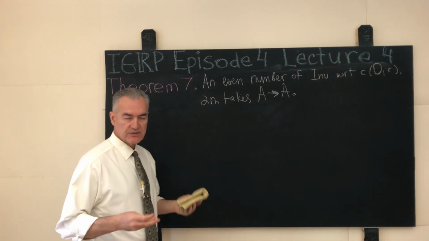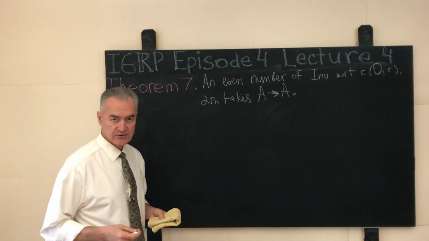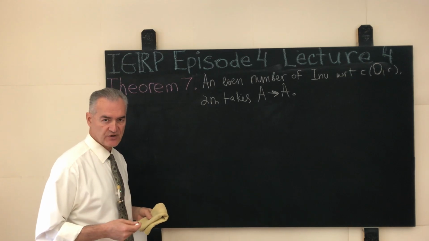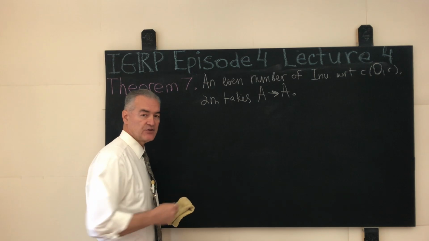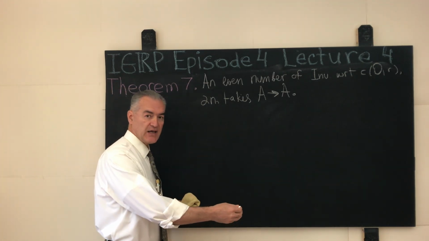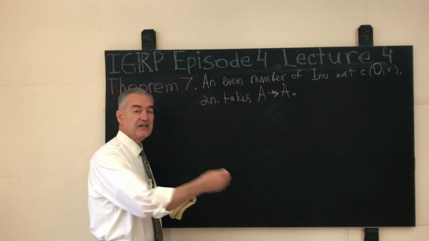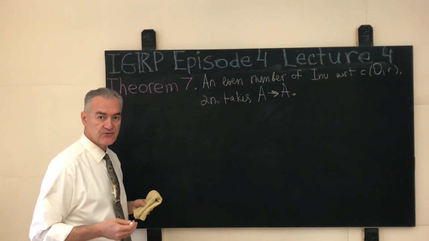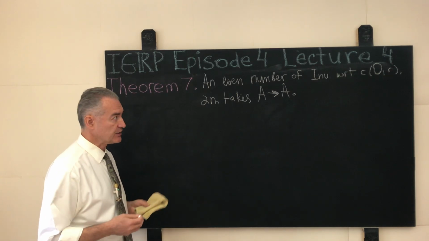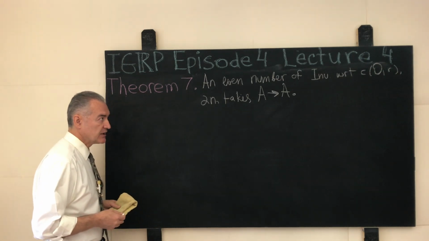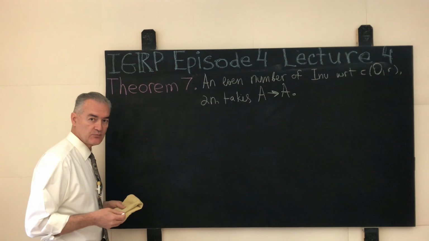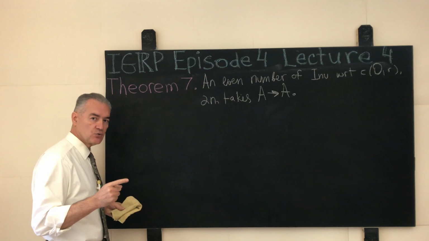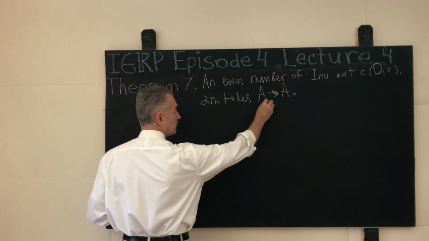Technically, the grown-up mathematicians will say a composition, because that is what takes place when we apply two transformations in sequence one after another, and the output of the previous transformation becomes the input for the next transformation. So the official word is composition, but in our case we will state it simply that any even number of inversions of the plane with respect to one and the same circle, one and the same power applied to one and the same point takes that point back into itself.